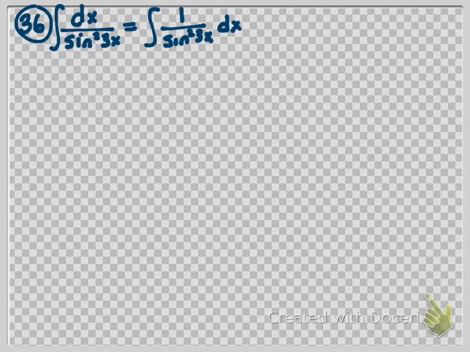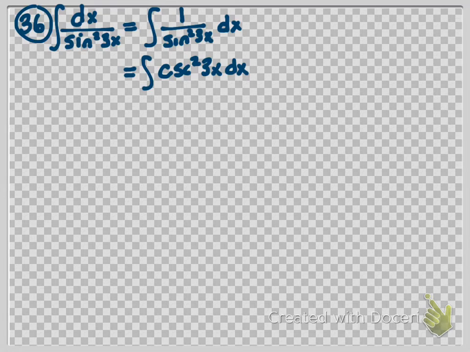Clearly, if we're going to use an identity here, it's going to be a reciprocal identity. This is equal to the integral of cosecant squared 3x dx. Right?